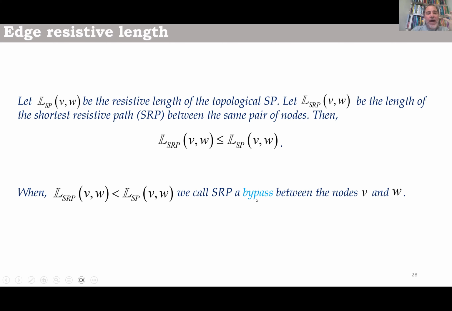So why a bypass? Because it is a way a little bit longer than the shortest path in terms of the number of edges of going from one node to the other, but avoiding the hubs of the network, because the hubs are those that will trap the particle, the walker, around it, and will not let the particle escape to the final destination.